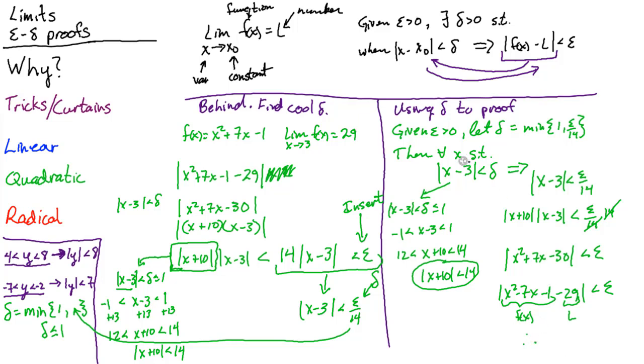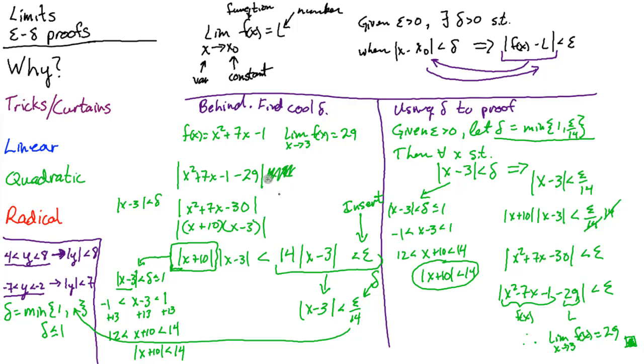Therefore, we have just said that when x minus 3 is less than delta, if you choose delta to be this fancy thing, then for all of the x's in that little realm, the f of x's are in this little band of the L, which proves that the limit as x approaches 3 of f of x, yep, does indeed equal 29. Good. QED, put the little square in there and you wrote your proof.